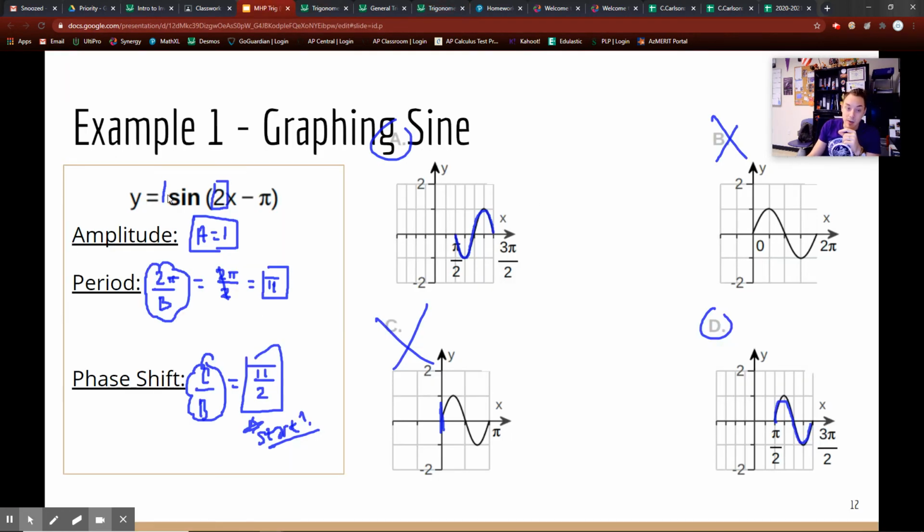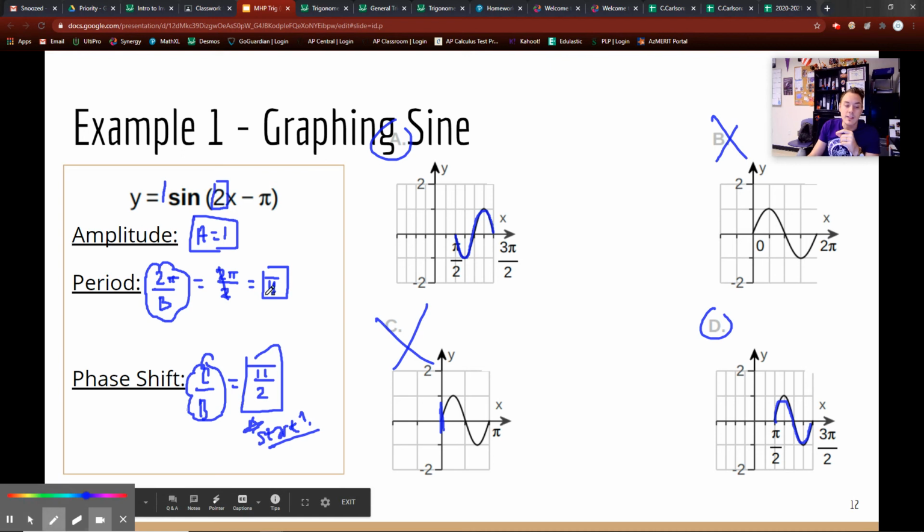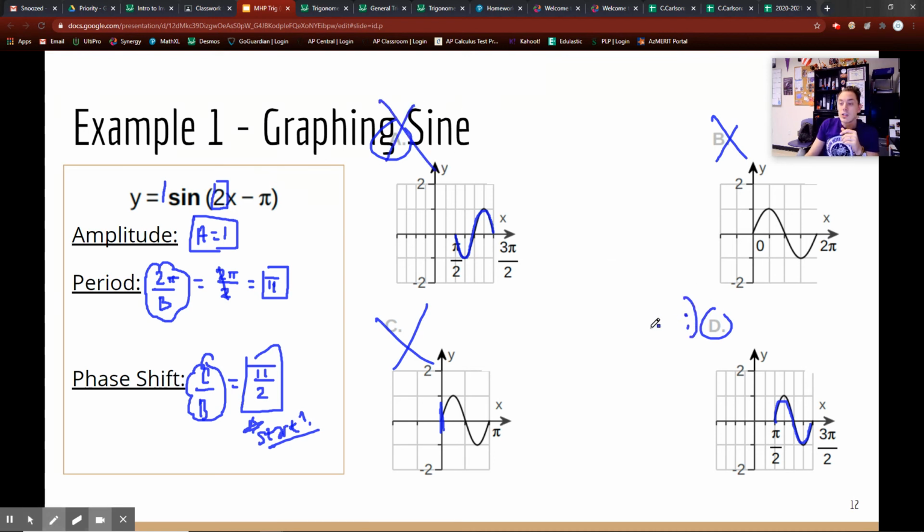So, this is a positive one. Is it going to go down first and then up, or up first and then down? It's going to go up first and then down, which means A is not my answer. It is D. Okay? So that process of elimination is really what you guys are going to be doing for literally your whole homework. You'll have harder questions on there as well, but that's the majority of your homework, okay?